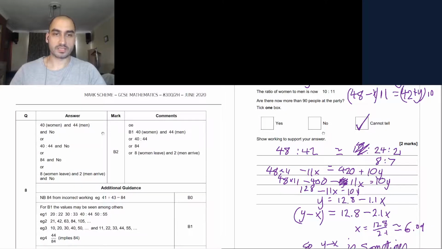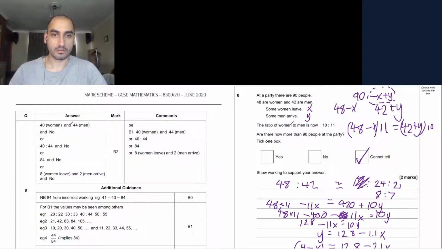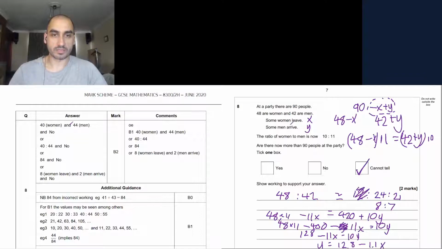Still don't understand what their example proves. They're saying if you've got 40 women and 44 men, that is one thing that could happen. I agree. What would the ratio of women to men be in that case? It'd be 40 to 44, which is 10 to 11. Oh, I see.